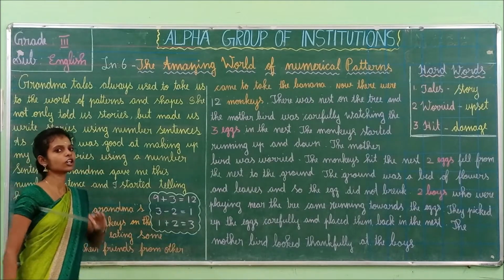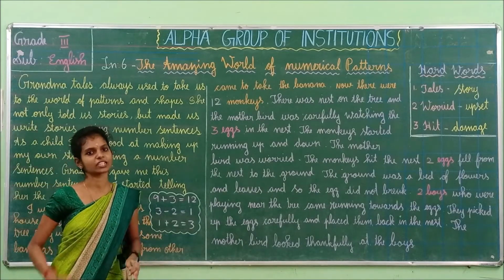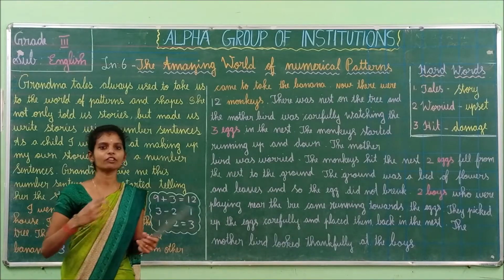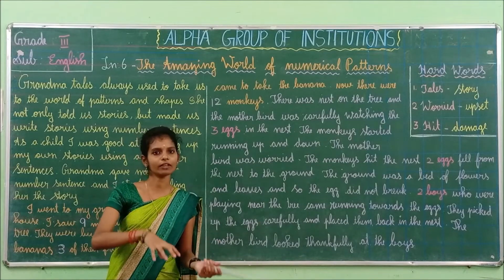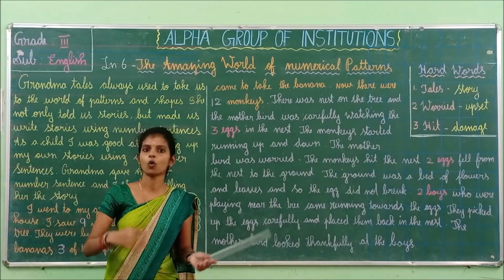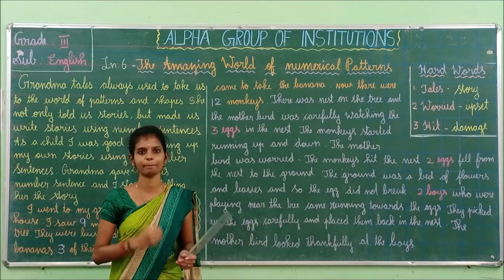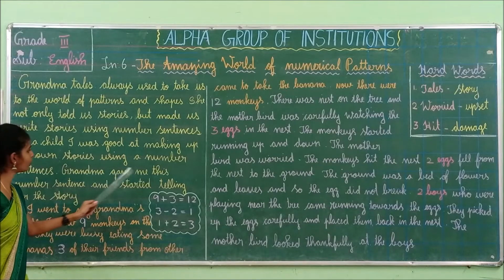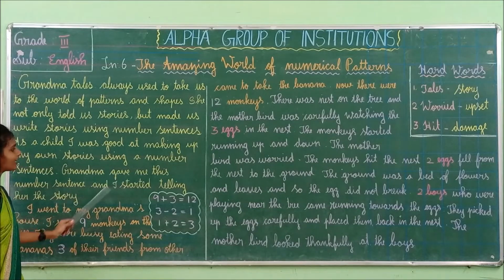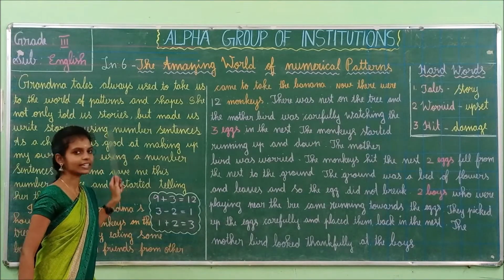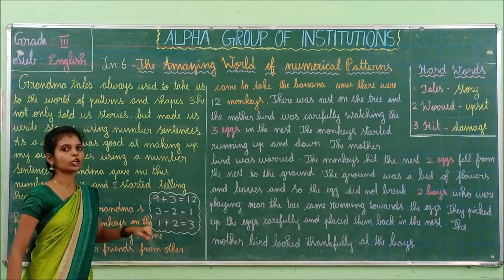This boy was super at what? Yes, making his own stories using numbers. If we give some numbers, what will he do? Yes, he will make his own stories using those numbers. Then, Grandma gave me this number sentence and I started telling her the story. So his grandma gave a number to the boy.